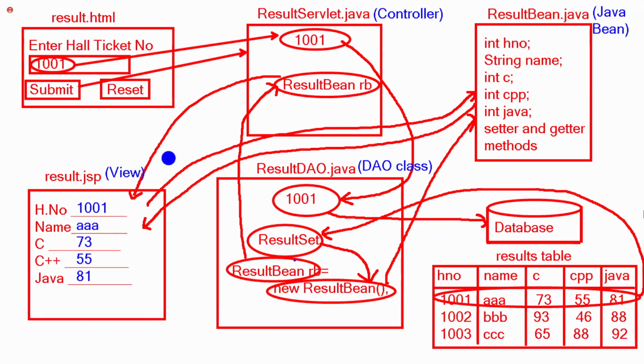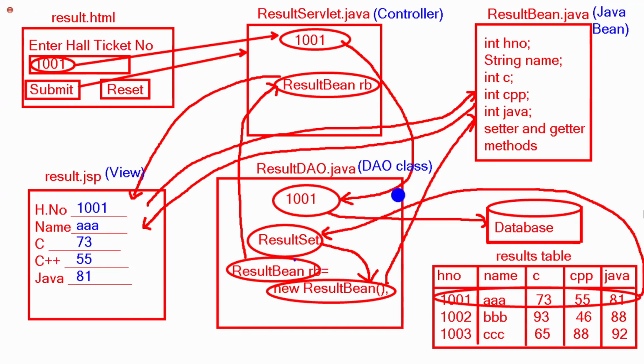Now, once again you observe. Here, in this program, you enter one hall ticket number. When I click on the submit button, the hall ticket number is received here. This hall ticket number is passed to the DAO class, and then to the database.